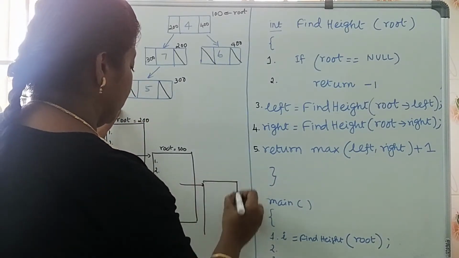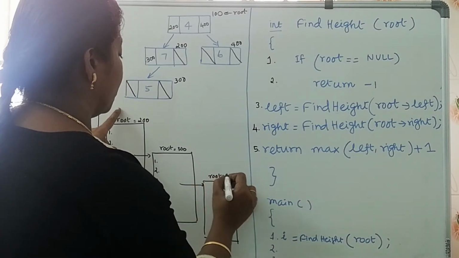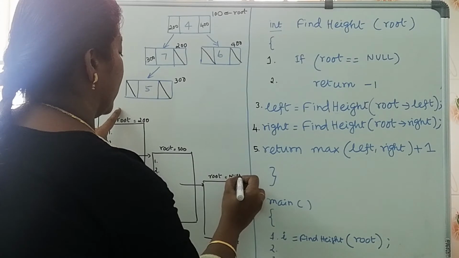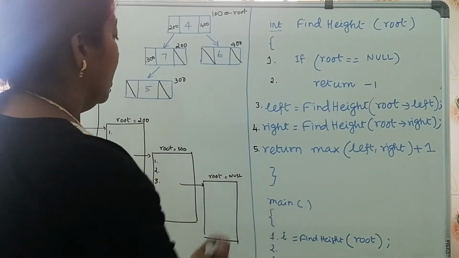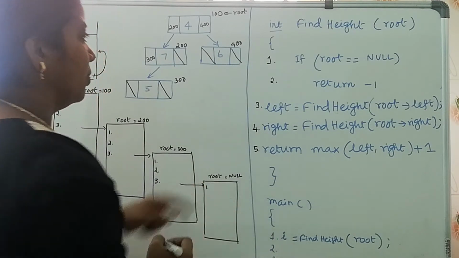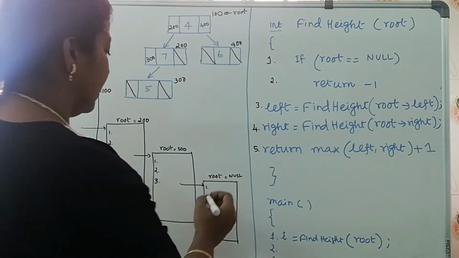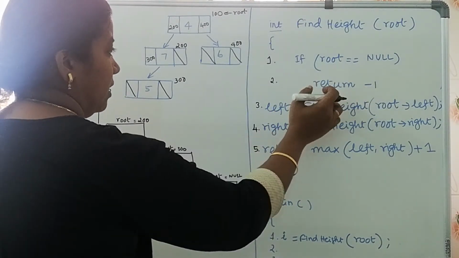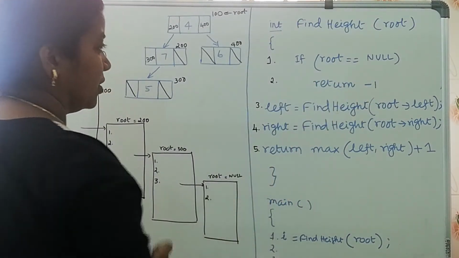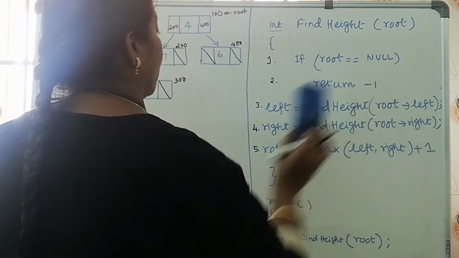Note down, 300 does not have any left child, so root is passed as a null value. Now line number 1 gets executed. It checks root equal to null. Root is null, so line number 2 will get executed. What is line number 2? Return -1.